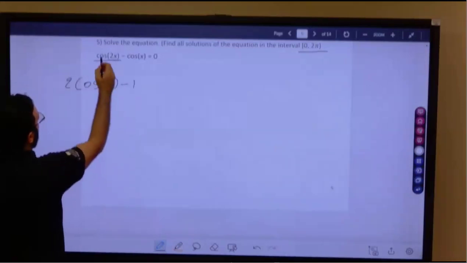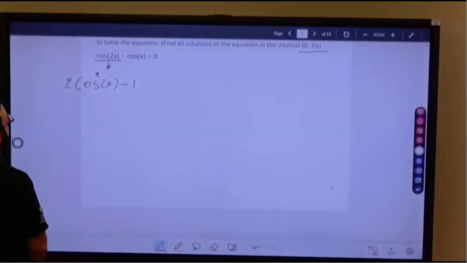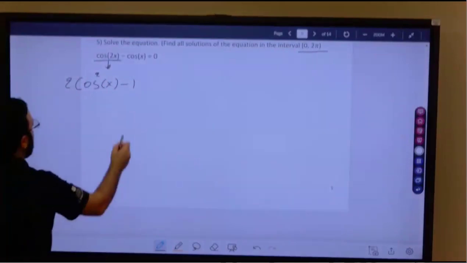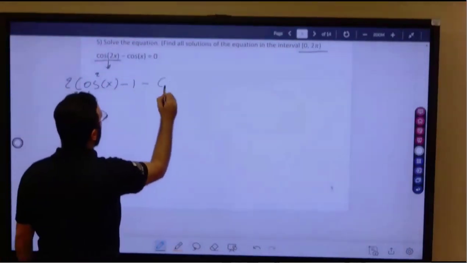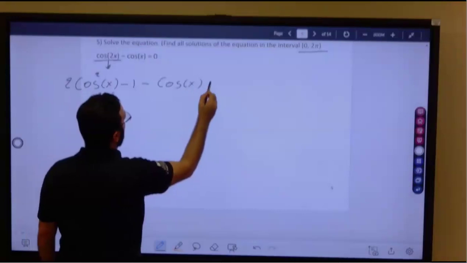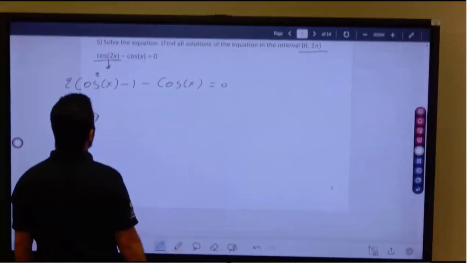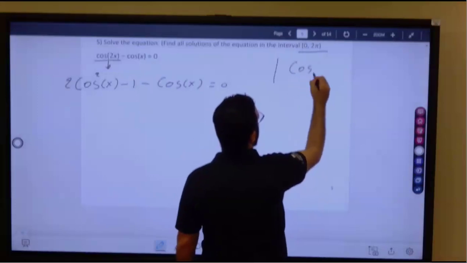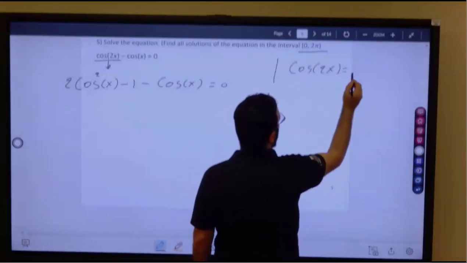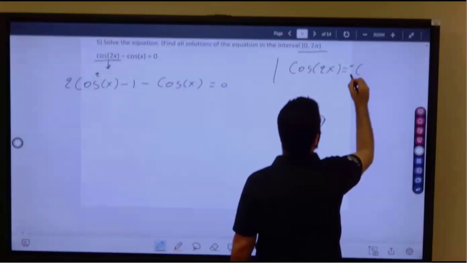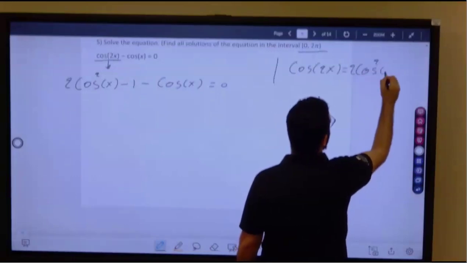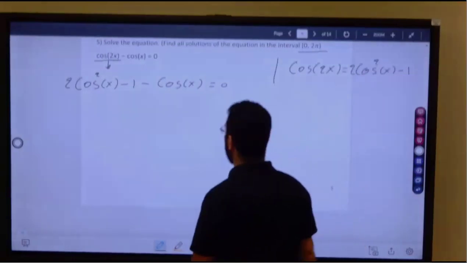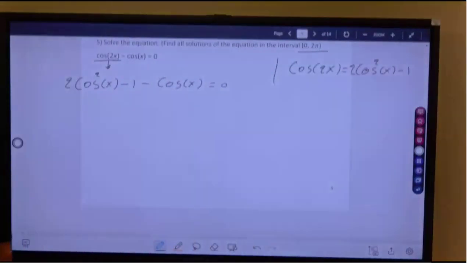This is the formula for cosine 2x. And I'm going to write down minus cosine x equals 0. Again, I'm using the formula cosine 2x equals 2 cosine squared x minus 1. I'm using this formula for the double angle.